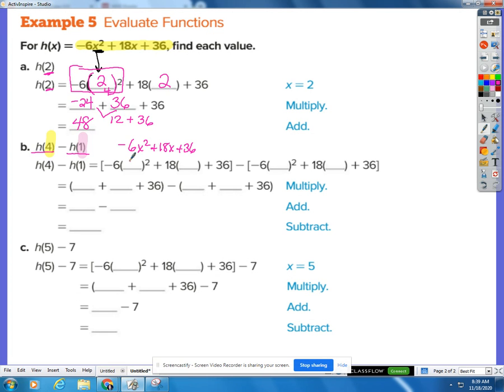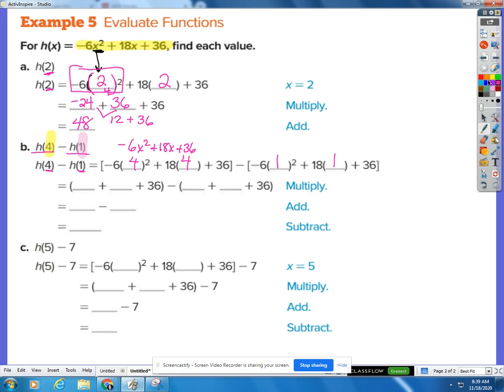So on this first one, our x is 4, and on our second one, our x is 1. All we're doing is rewriting that negative 6x squared plus 18x plus 36 and taking out the x.